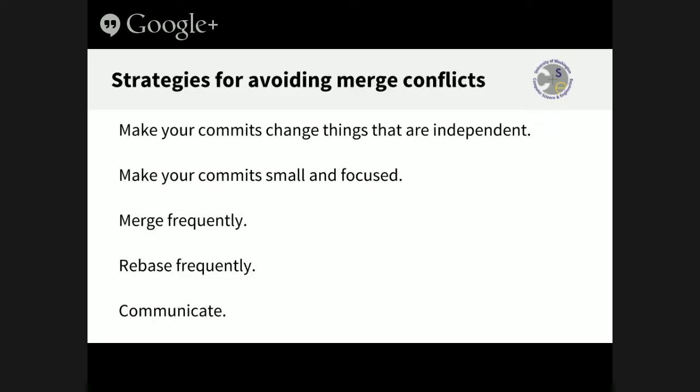And then we'll talk about rebasing. Also, if you're working with someone, hopefully you can talk to them because they're nearby, or you can email them and say, hey, I'm about to make a huge change, so you better get to a clean state quick because I'm going to push these changes, and you better be able to adapt to them. So that's what I mean by the last one, communicate.